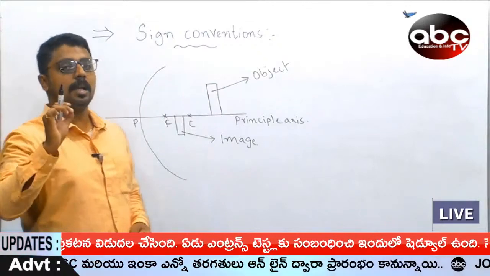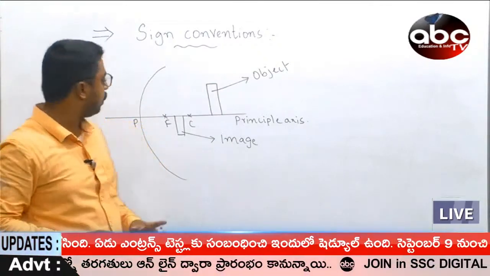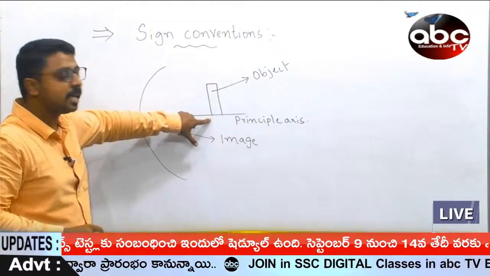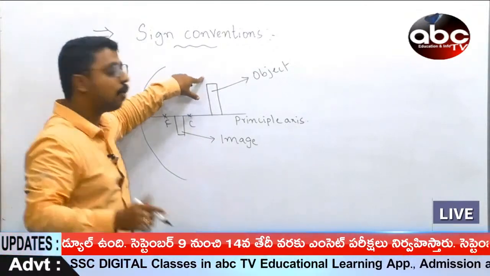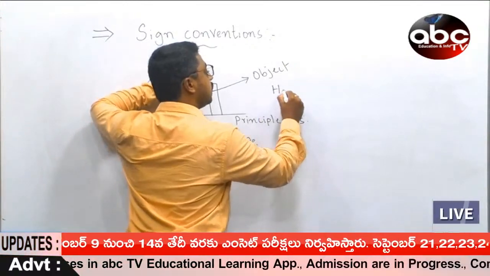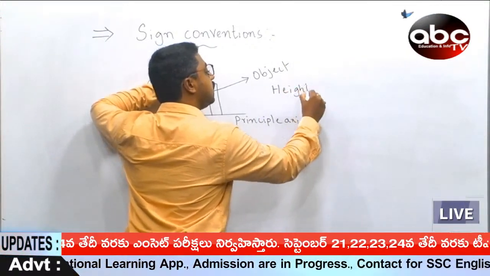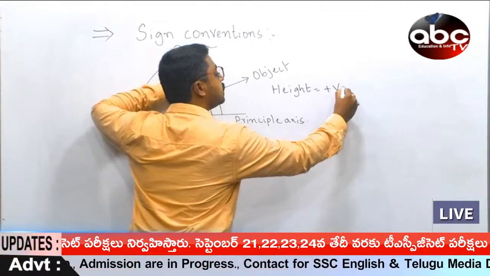Naturally, one common thing you observe is that the object is lying above the principal axis. Therefore, its height is considered positive.